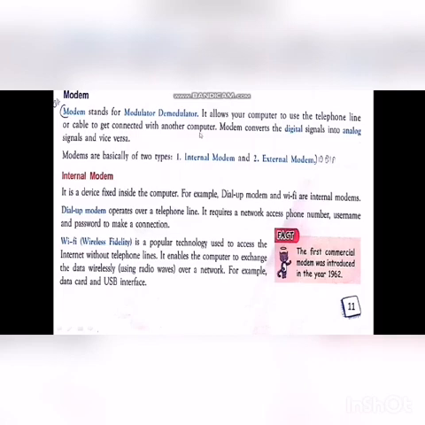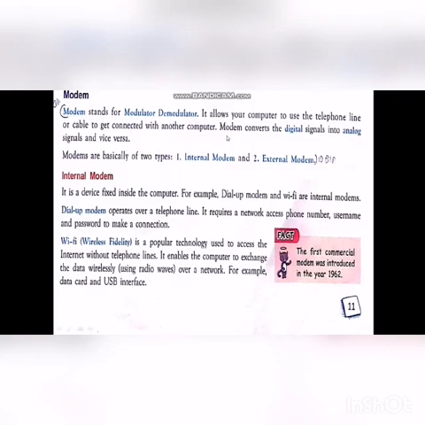If you want to work on the internet, if you want to search something or if you want to operate, you must have the modem which converts a digital signal into analog signal. What do you mean by digital signal? Our computer can understand only the digital signals, but the telephone wire carries the analog signals.